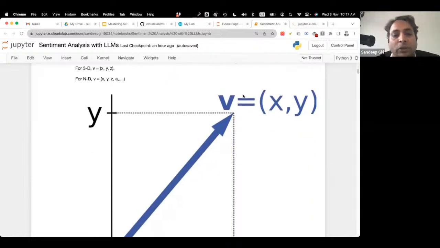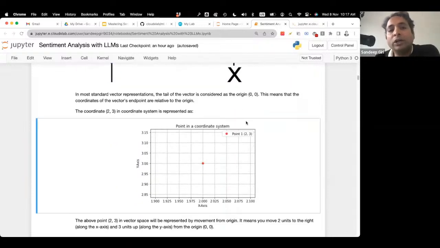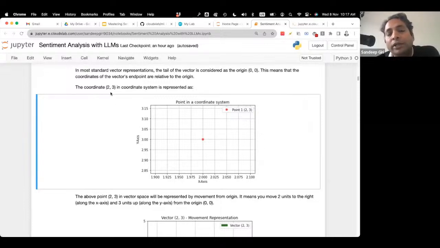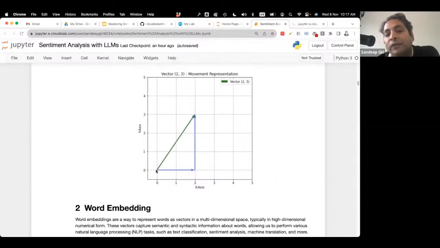So, for example, the coordinate 2, 3 could be represented by drawing a line from the origin to this point. This point is 2 on the x-axis and 3 on the y-axis. So 2, 3 is this line that you see, another way of saying this is the vector in this direction.